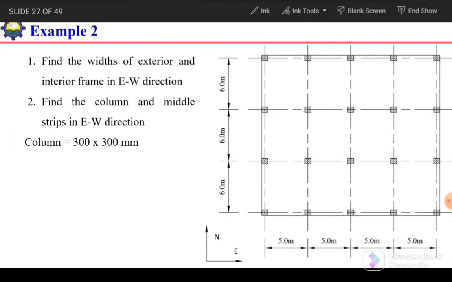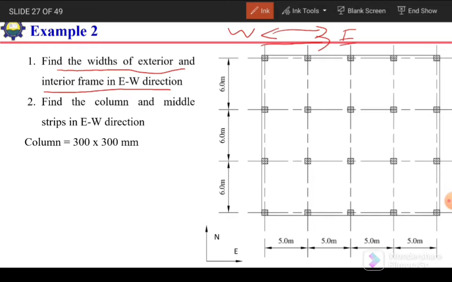So let's solve one example just to practice and clearly understand the width of frame, width of column strip and middle strip. The question is, find the width of exterior and interior frame in the east-west direction. This is the east-west direction. So in the east-west direction, determine the width of interior as well as exterior frame.